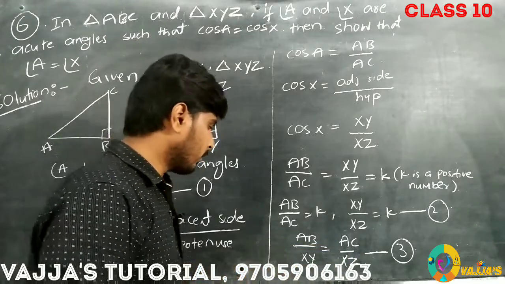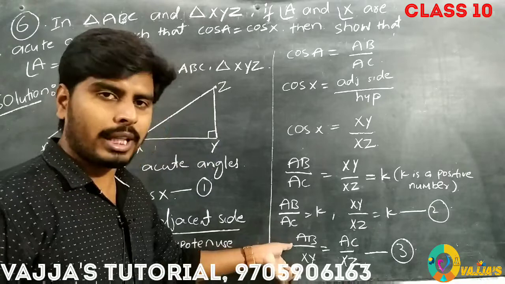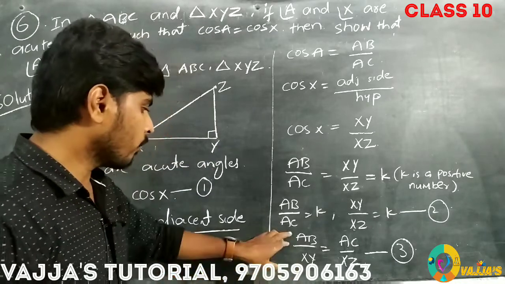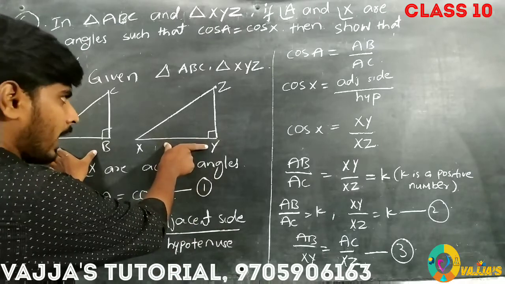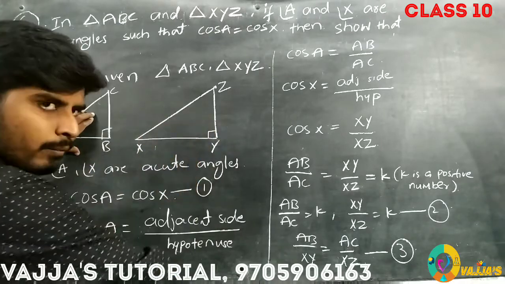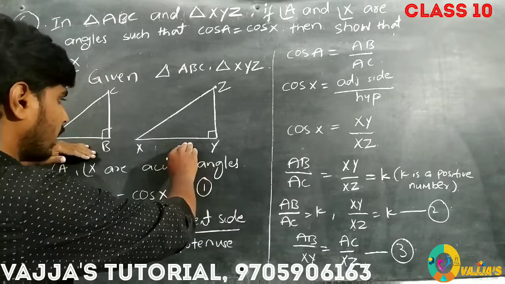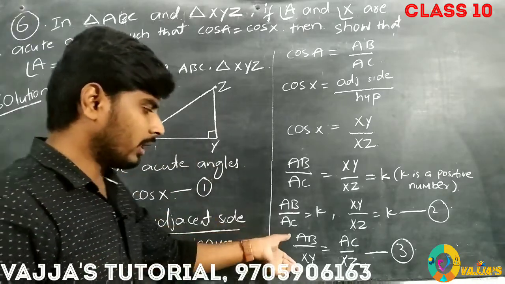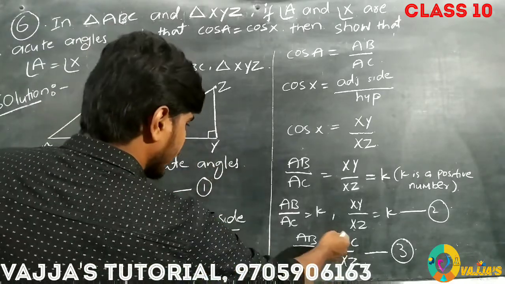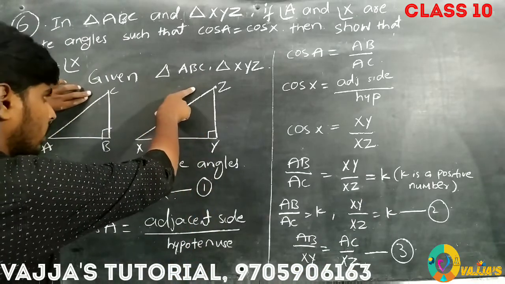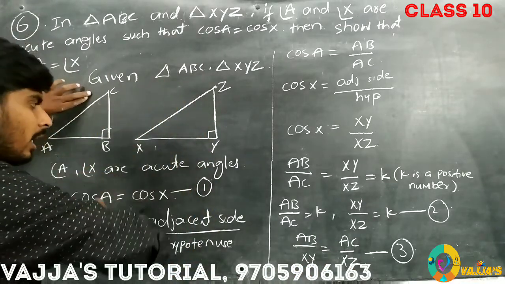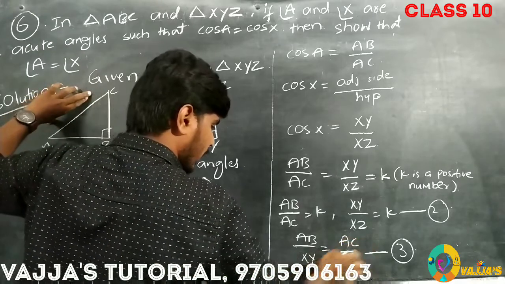It is nothing but the corresponding sides ratios. AB and XY are corresponding sides in both triangles, and I have written their ratio. And AC by XZ, these two are also corresponding sides, so I take their ratio.